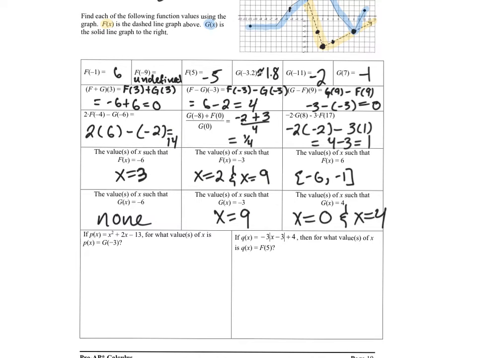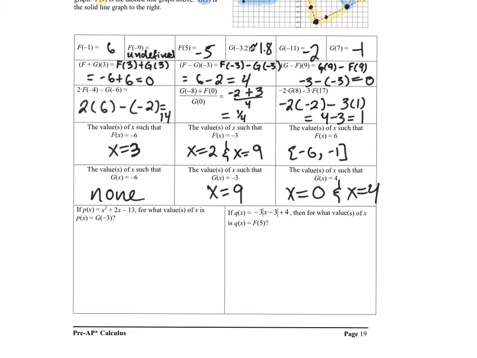Now, the next part says if p of x is equal to x squared plus 2x minus 13, for what values of x is p of x equal to the g function when x is negative 3?